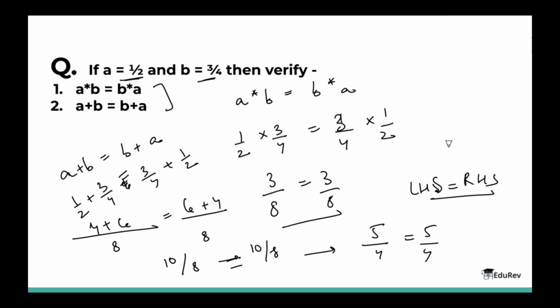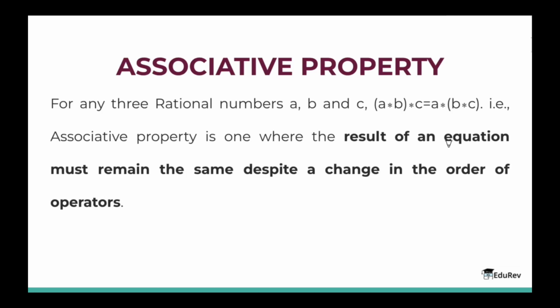So now let's move further and understand the next property, that is the associative property. Now for any three rational numbers, A, B and C, when A and B are related initially and then the relation is done with C, this is going to be equal to when B and C have a relation first and then this relation is shared with A. That is, associative property is one where the result of an equation must remain the same despite a change in order of operands.